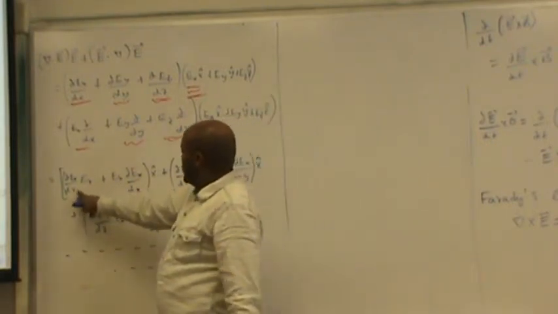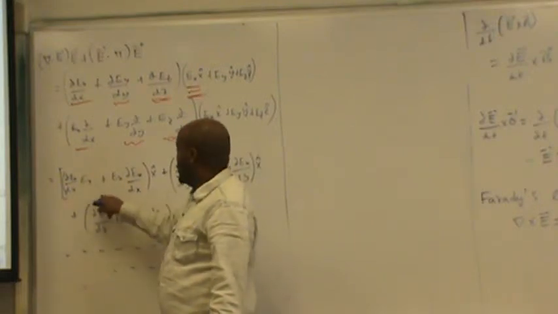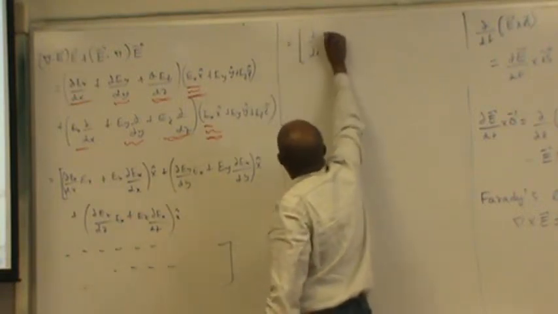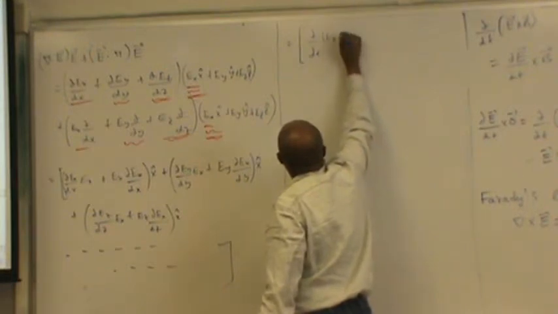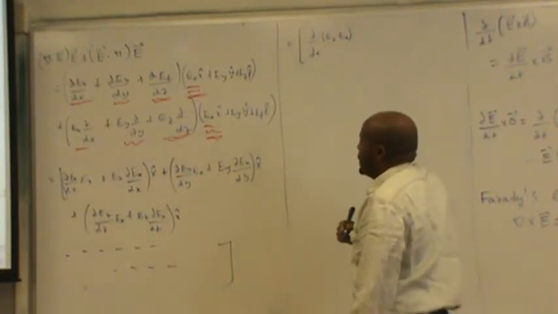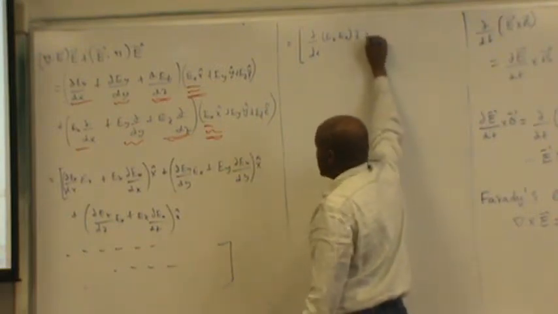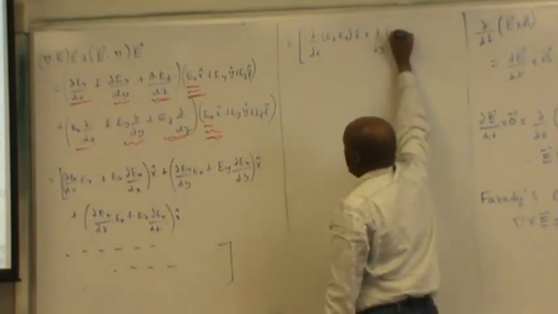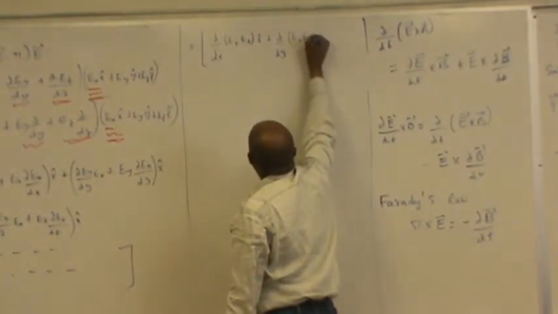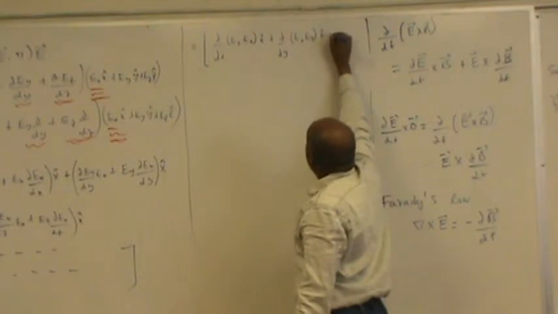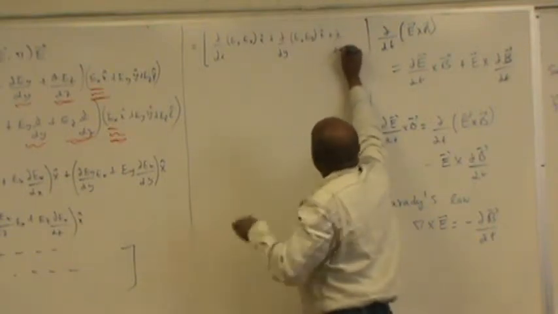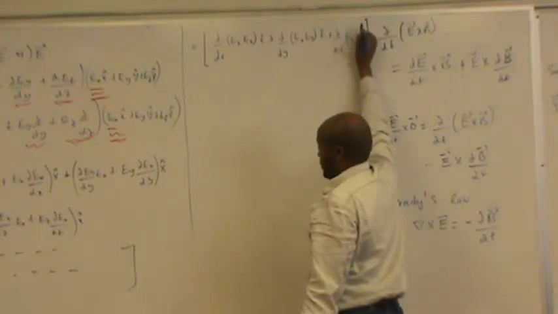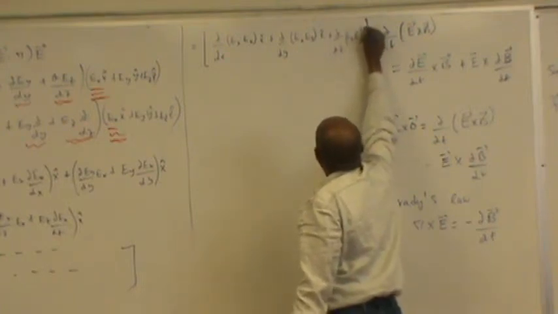If you apply the product rule, this is going to be the same as d by dx of Ex Ex along x hat plus d by dy of Ex Ey along x hat plus d by dz of Ex Ez along x hat.